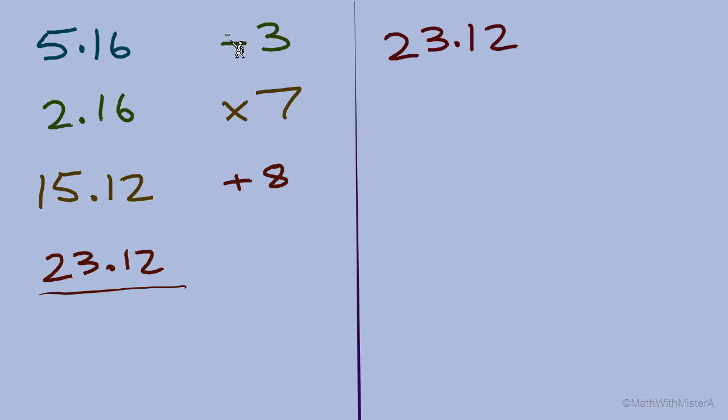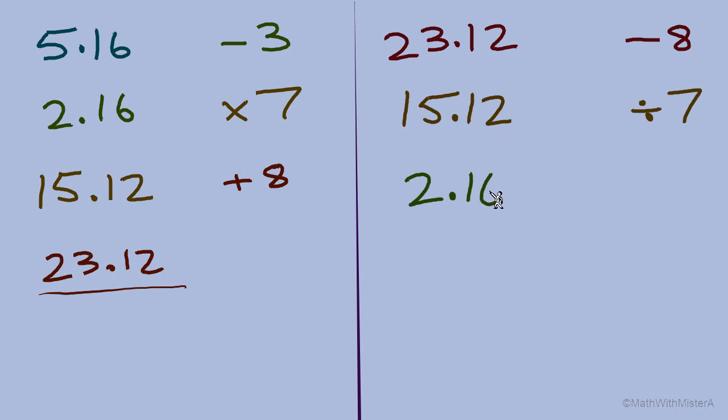So the last thing we did was add 8, so we have to undo each of these steps that occurred. Opposite of add 8 would be subtract 8. And that takes us to the 15.12. Next we are undoing the times 7 with divide by 7. And we get 2.16. And last, undo minus 3 with add 3.